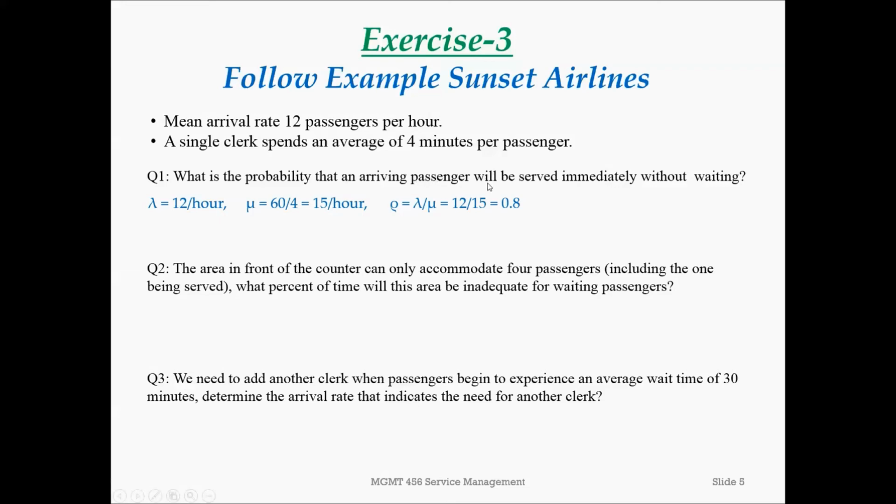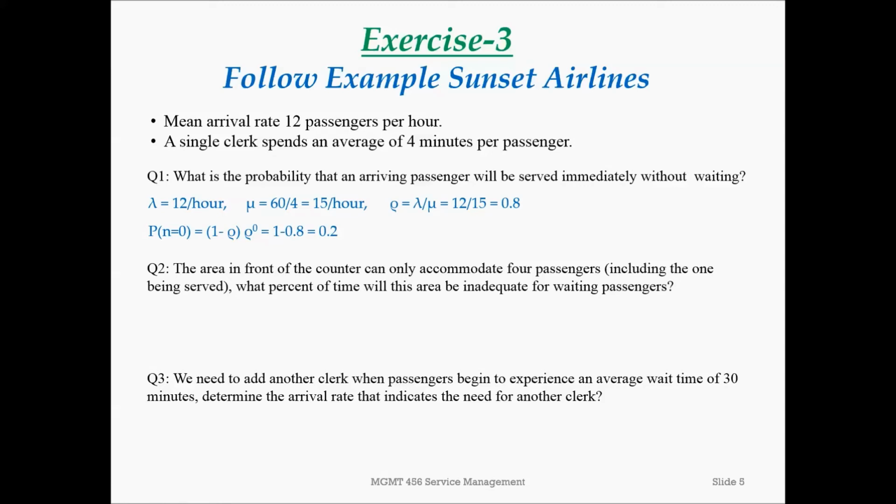About an arriving passenger being served immediately without waiting. That basically means how likely you will see 0 customers in the system. If there are 0 customers in the system, a new passenger will be served immediately. So it is the same question: how likely there will be exactly 0 customers in the system.